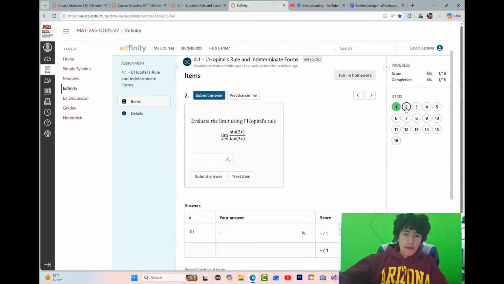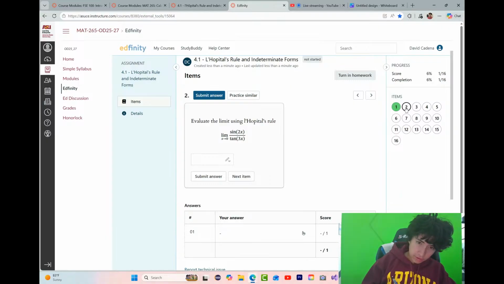So, evaluate the limit using L'Hopital's rule. We have the limit as x tends to 0 of sine of 2x over tangent of 3x. Gotcha.